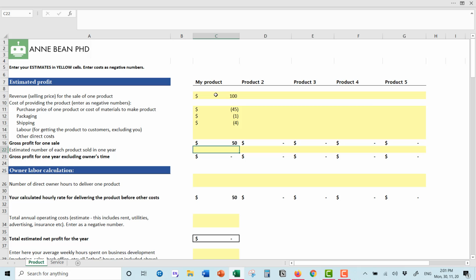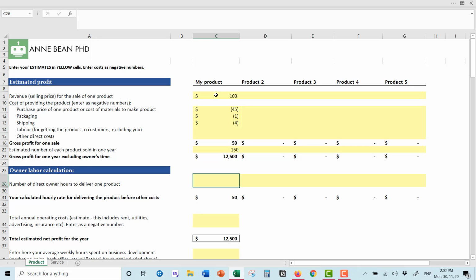This spreadsheet is designed so that it's easy and you can play with your numbers until you see some viability in your business. So I'm going to assume that I can easily sell 250 products a year. If I do, that'll give me a gross profit of $12,500. So that does not include my time and it does not include my overhead costs, but it's a good start.